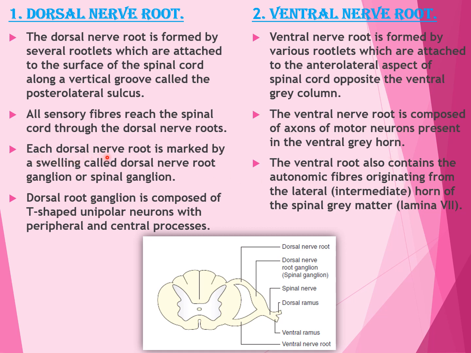Each dorsal nerve root is marked by a swelling known as the dorsal nerve root ganglion or spinal ganglion. The dorsal root ganglion is composed of T-shaped unipolar neurons with peripheral and central processes. The ventral root also contains autonomic fibers originating from the intermediolateral gray horn of the spinal cord.